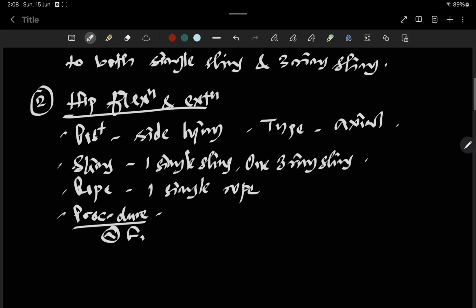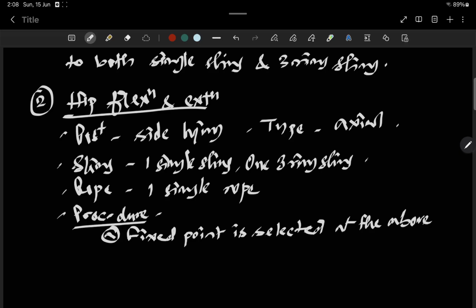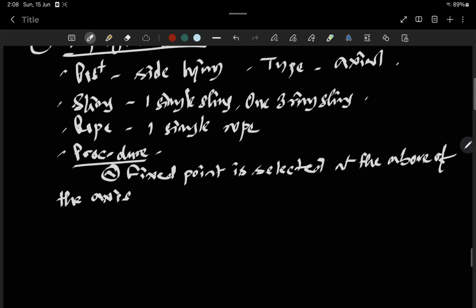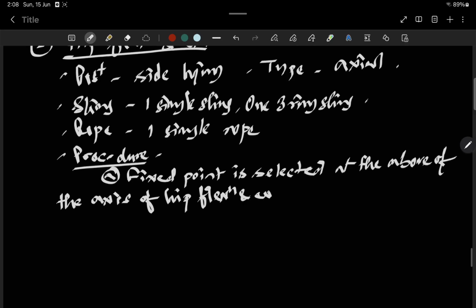Fixed point is selected above the axis of hip flexion and extension.